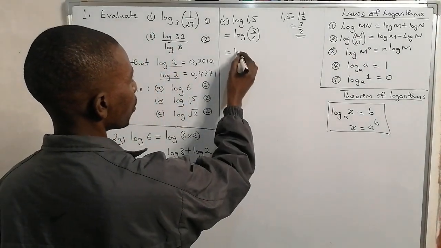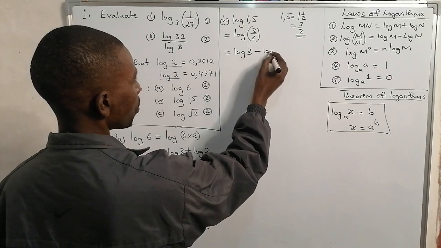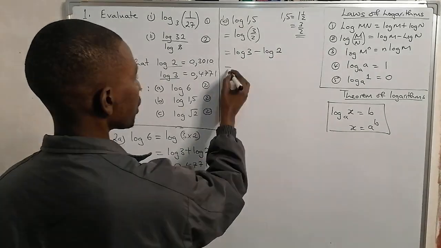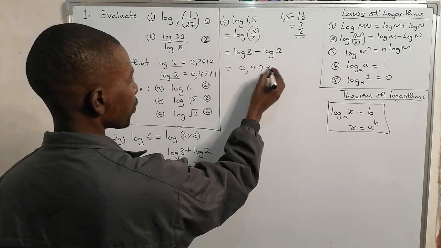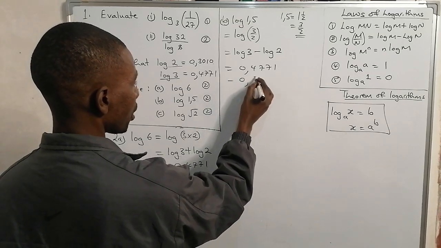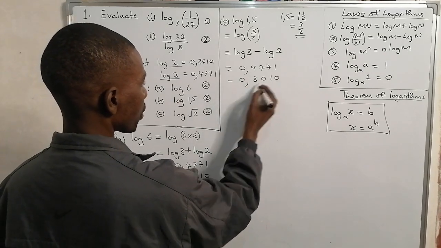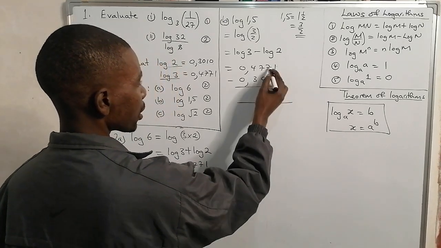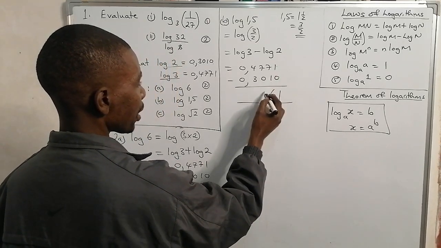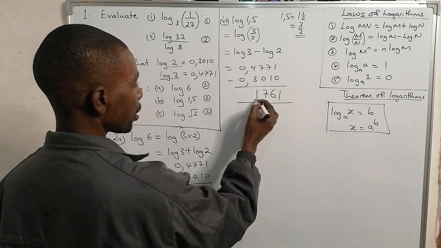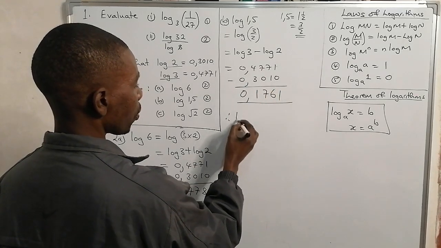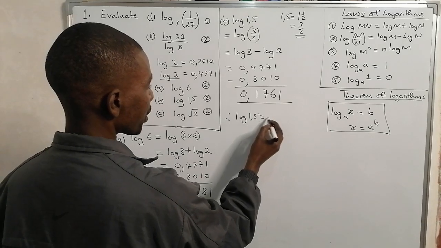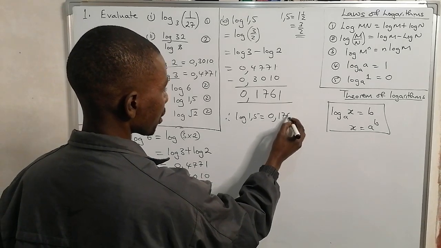So that will be log 3 minus log 2, which is equal to 0.4771 minus 0.3010. Then we subtract: 1 minus 0, 7 minus 1, 7 minus 0, 4 minus 3. Therefore, log 1.5 is the same as 0.1761.